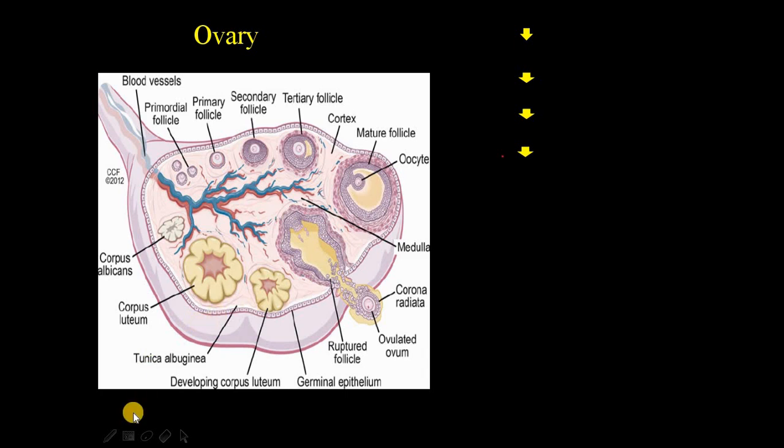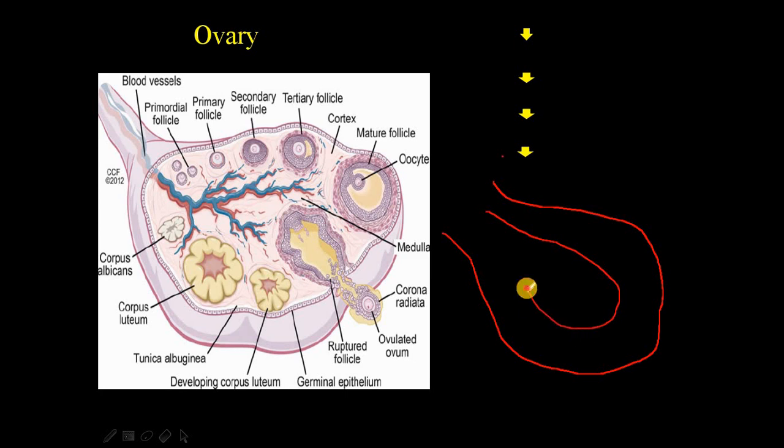Ovary is a solid mass. Any solid structure in our body has two parts. The solid mass is divided into outer cortex and inner medulla. Now this outer cortex here is lined by cells called as the germinal epithelial cells.